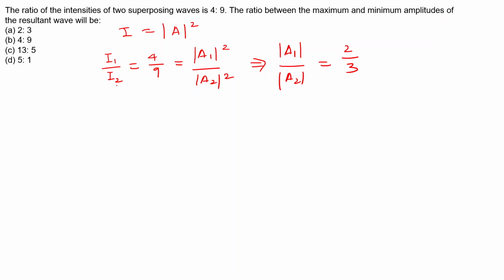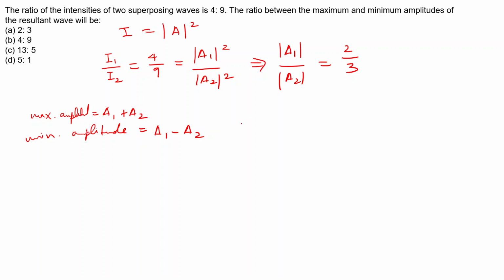When these two waves of amplitude A1 and A2 superimpose, the maximum amplitude will be A1 plus A2, and the minimum amplitude will be A1 minus A2.